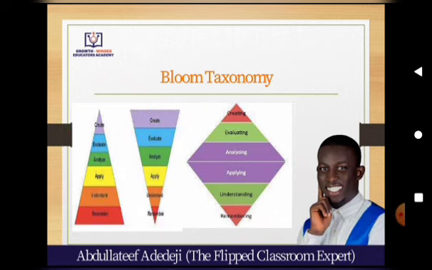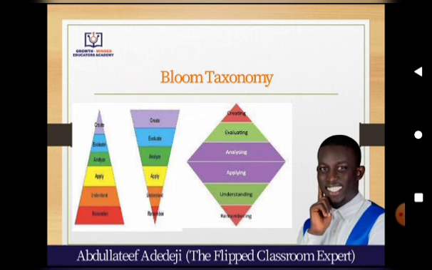So the normal Bloom's taxonomy is saying that the first thing students need to learn is what? It's talking about how students actually learn in the traditional classroom. So the first step is to remember. Yes, students must know something. They must be able to remember something. They must be able to recall something.